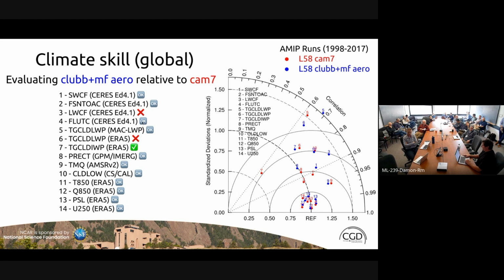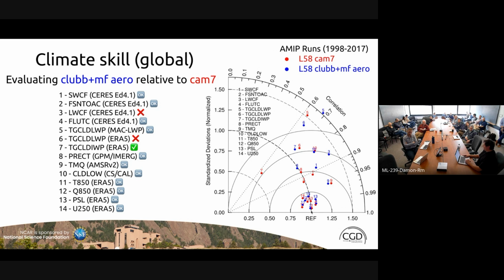On the Taylor diagram, most of the fields we're looking at look very similar to CAM7, and so they get the OK button. For example, all of these fields are very close to the reference or observational spatial standard deviation. That's this dotted line here. They have high pattern correlation coefficients. That's this numeric value here.